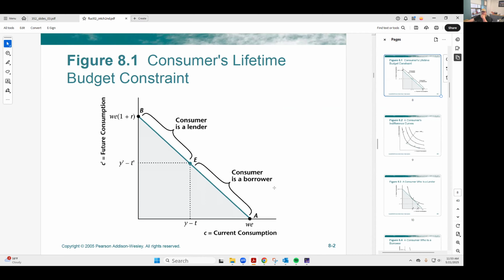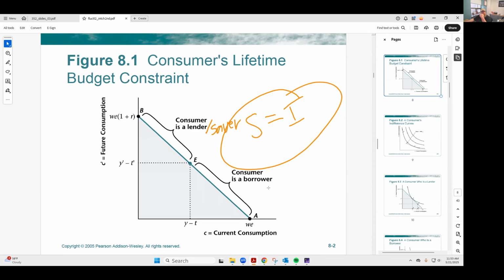It's one of the things we're going to learn a little bit later, that savings, interestingly enough, equals investment. That's one of the biggest ideas in neoclassical economics. And so if you're a saver here, then you are also a lender. Just to make that point again.